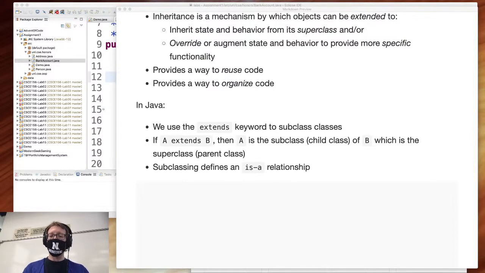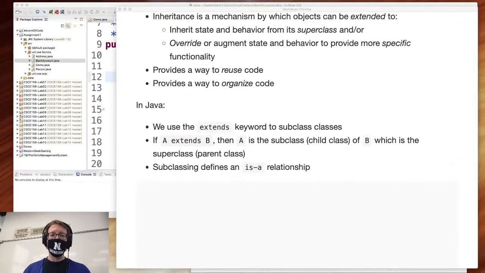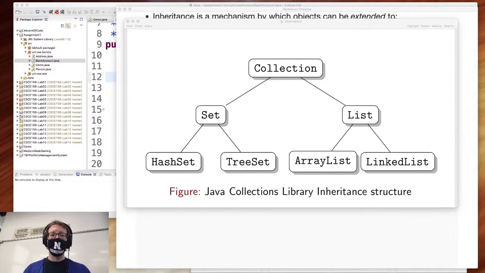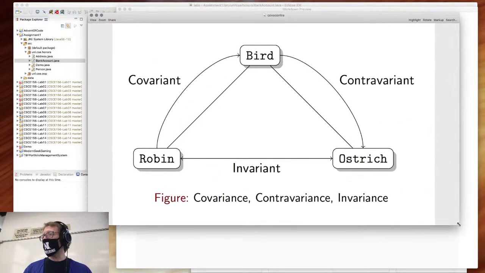And I'm going to show you one other diagram here. Ignore the keywords contravariant, covariant, and invariant for a second here. But this is even simpler to understand because it doesn't require any code whatsoever, right? We've got robins and ostriches, which are both types of birds. So I'll ask just from an English biology perspective, is a robin a bird?